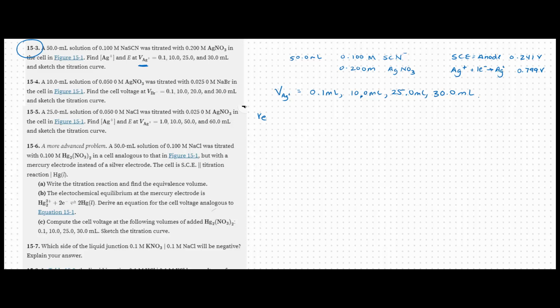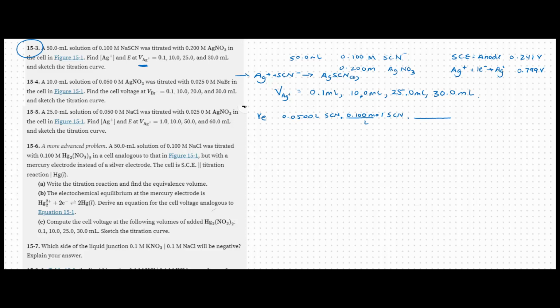So I'm going to start with my 50 milliliters of thiocyanate, and that has a concentration 0.100 moles per liter of SCN-. And then we have our balanced, we don't have a balanced chemical equation yet. We need to write a balanced chemical equation. So we are going to be reacting silver with thiocyanate, and we are going to form AgSCN, and that is solid.